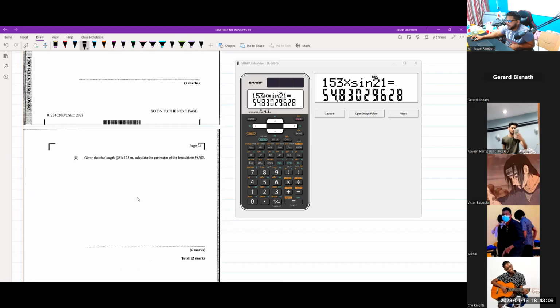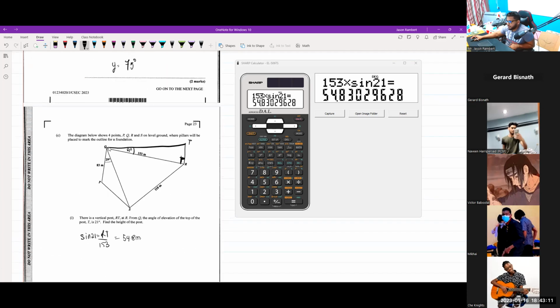Calculate the perimeter of the foundation PQRS. You say QS is 135. We will use the cosine rule to get this length here.